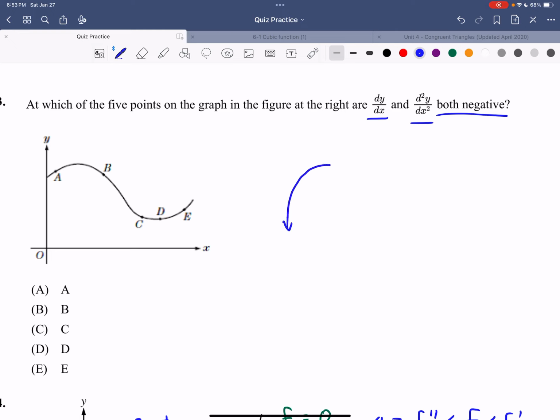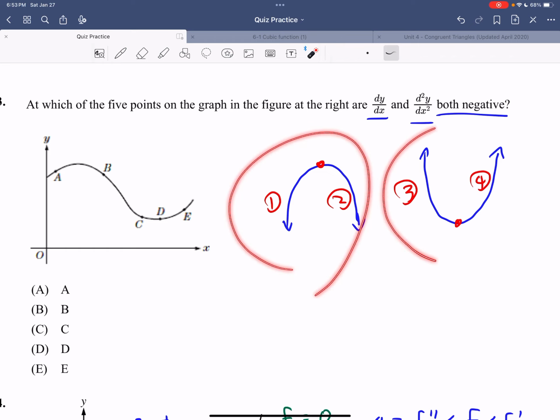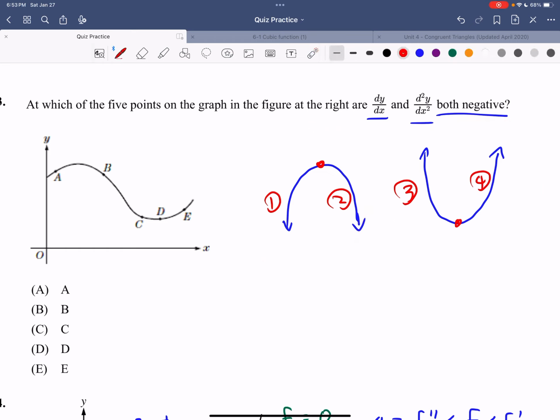So first, you have a graph here. Always remember this one. This is number 1, this is number 2, based on this point, this is number 3, and this is number 4. As you can see, this one is concave down, this one is concave up. This one is positive, because it's going up, but concave down.